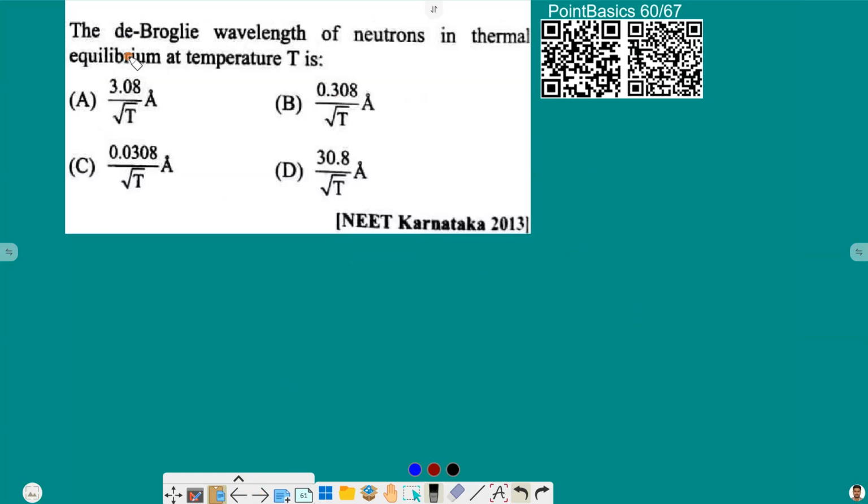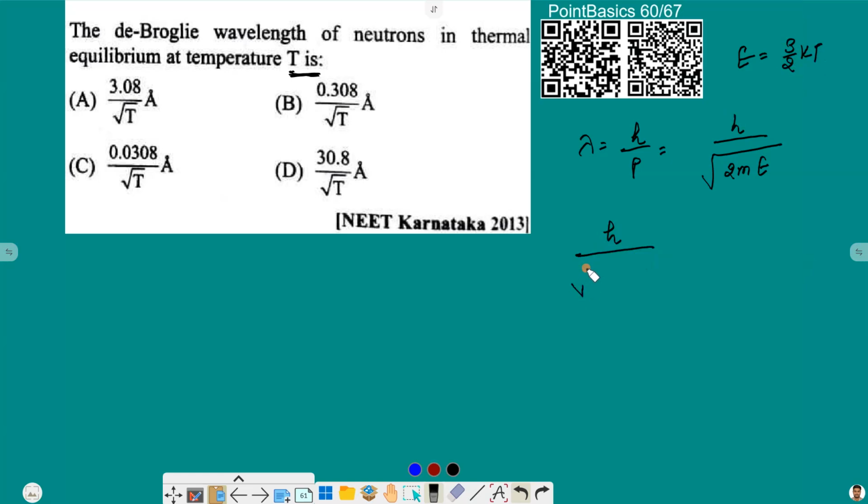Next one, the de Broglie wavelength of a neutron in thermal equilibrium at temperature T is. So we know that de Broglie wavelength is h by p. In terms of energy, it becomes h by under root 2mE, and it is at thermal equilibrium, so assuming 3 degrees of freedom, E will be equal to, each degree of freedom has half kT, so for 3 degrees of freedom, 3 by 2 kT.